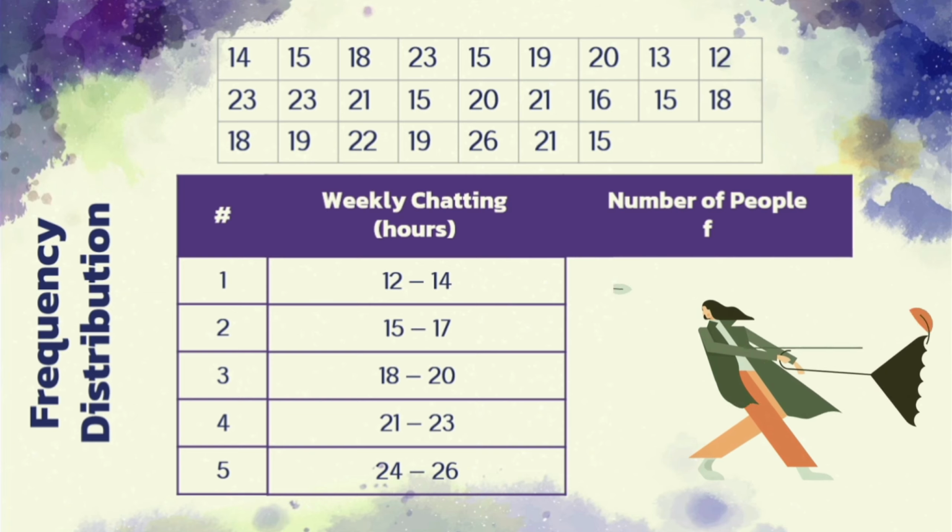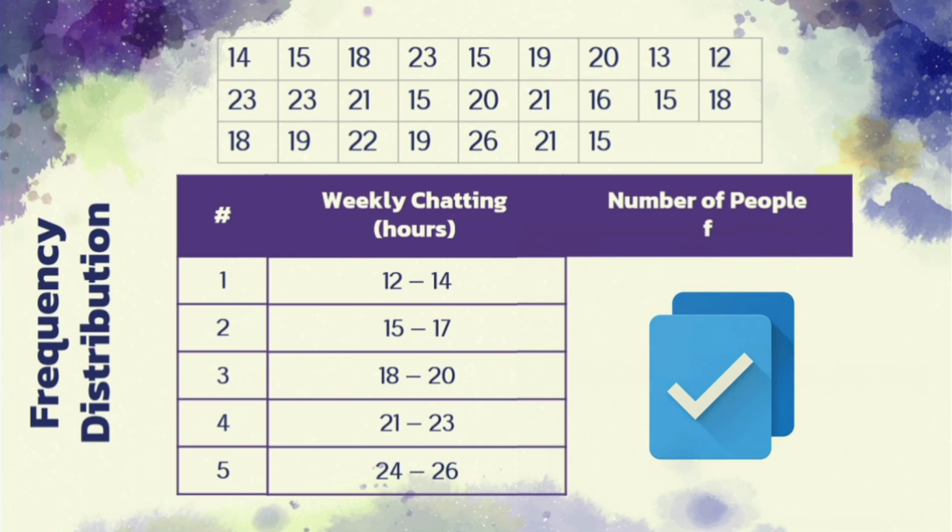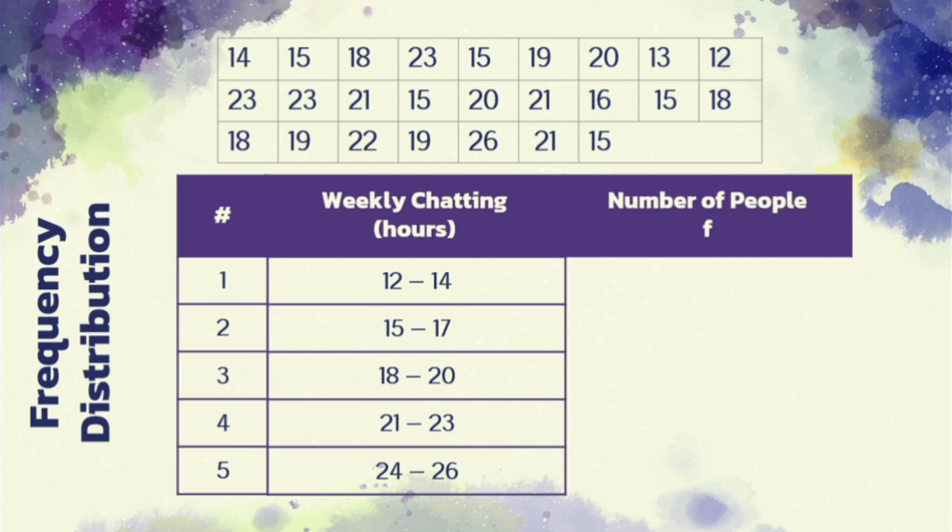State clear class limits so you can put each observation into only one category. One thing is also noticeable here. It is not always possible that the largest value of the data will be the upper limit of the final class. After making classes, now we check the number of values in a particular class.